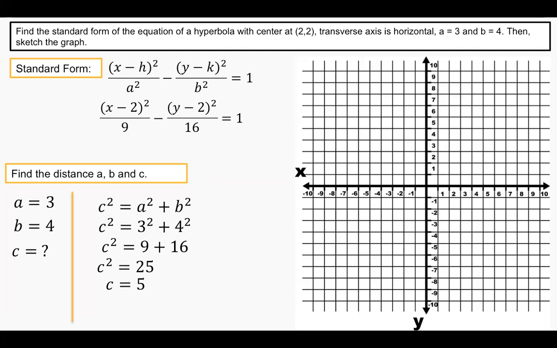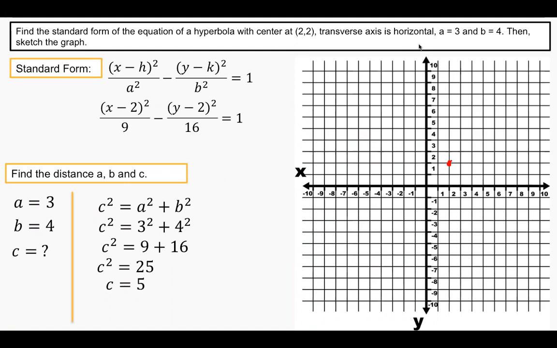Now, in graphing a hyperbola, you locate first the coordinate of the center. Now, in this problem, the center is located at (2, 2). So it's here. Then we will use the values of a, b, and c to locate the points of the vertices, foci, and the co-vertices.